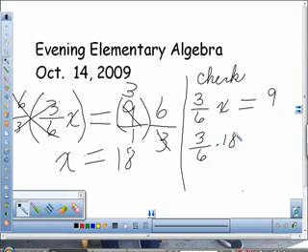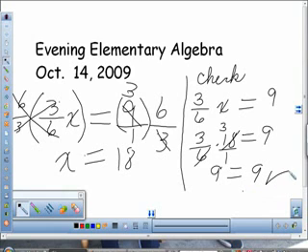That's right, 18. I heard somebody say it. So I'm going to put the 18 over 1. 6 into 18 goes 3 times. 3 3s is 9. I get 9 equals 9. It checks. So I know my answer is 18. Questions? Okay.